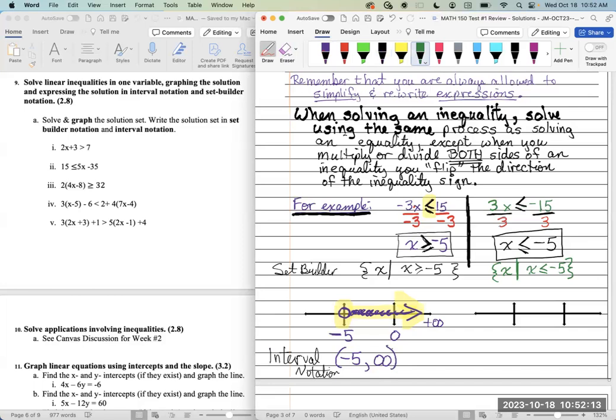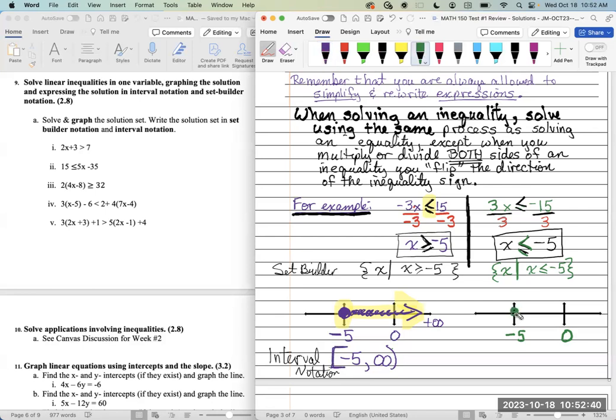X less than, so I'm going to let my -5 is here, 0 is here, x less than or equal to, or equal to, my bad, I'm sorry. Or equal to means the endpoint is included. And then for interval notation, we put a bracket to show that the endpoint is included.